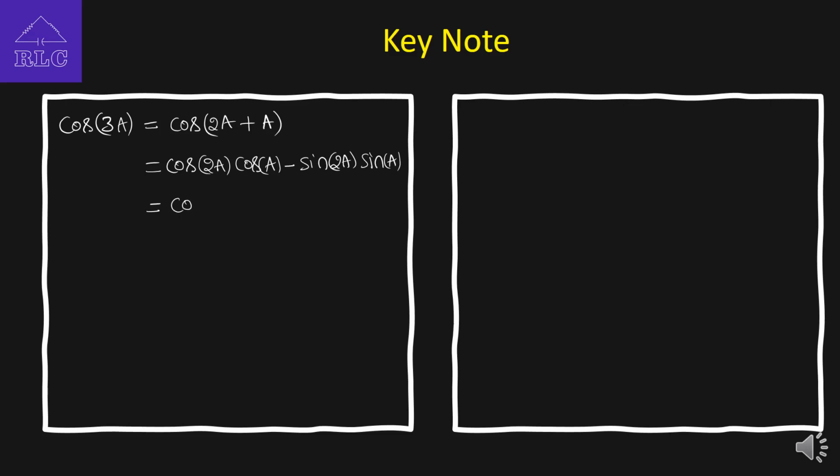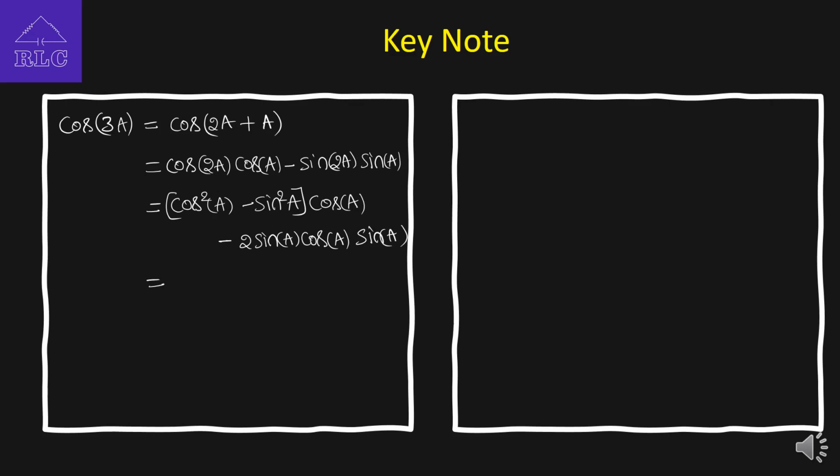Cos 2a value we have found just now. So this is nothing but cos square a minus sin square a, the value of cos 2a, into cos a, minus sin 2a value just now we found, that is 2 sin a cos a into sin a.